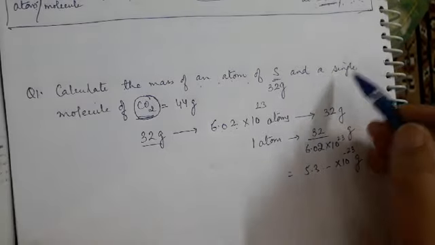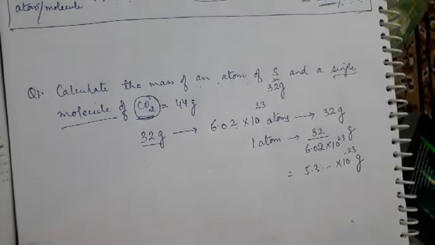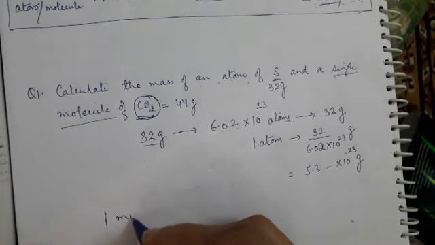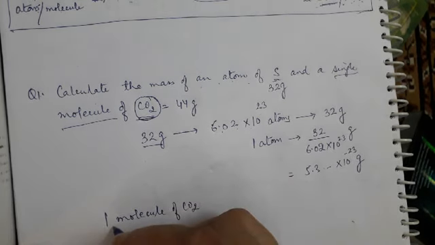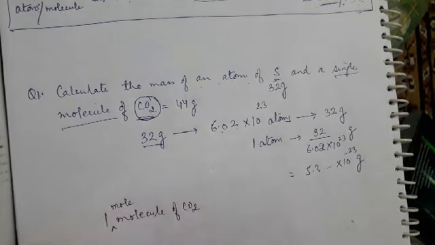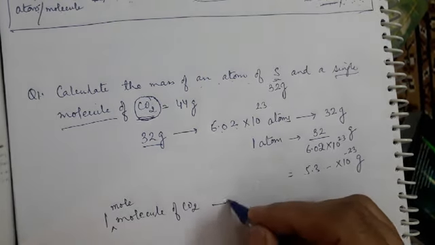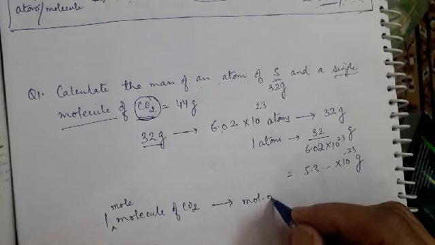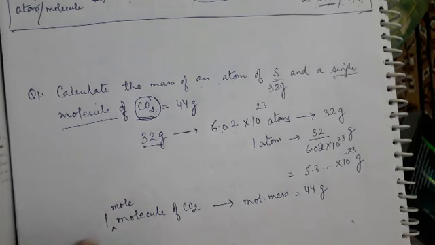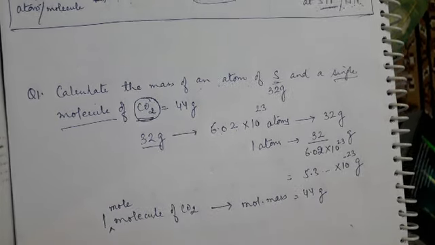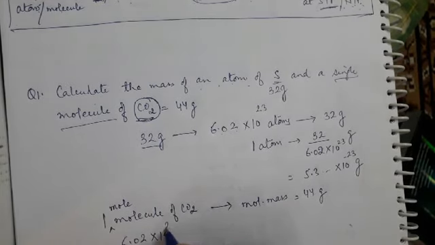Alright. The second part of the question, single molecule of CO2. Now one molecule of CO2, rather we should say 1 mole molecule of CO2. What is the molecular mass? The molecular mass is equal to 44 gram. 1 mole molecule means this 44 gram is the mass of how many molecules? It is the mass of NA molecules, that is 6.02 into 10 to the power 23 molecules.